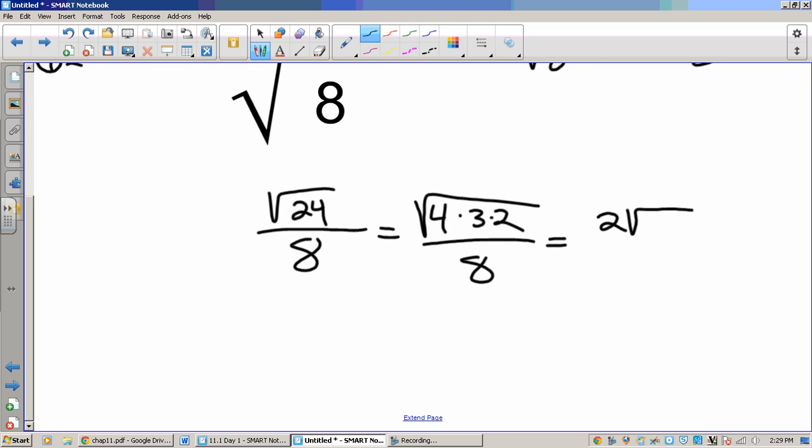So 2 times the square root of 6, over 8. Again, I can simplify by a 2, and that's going to leave me with 1/4. So I'm going to have the square root of 6 over 4. And that's your solution.